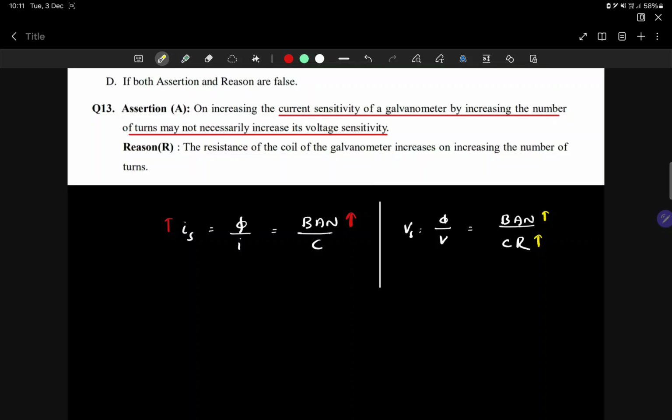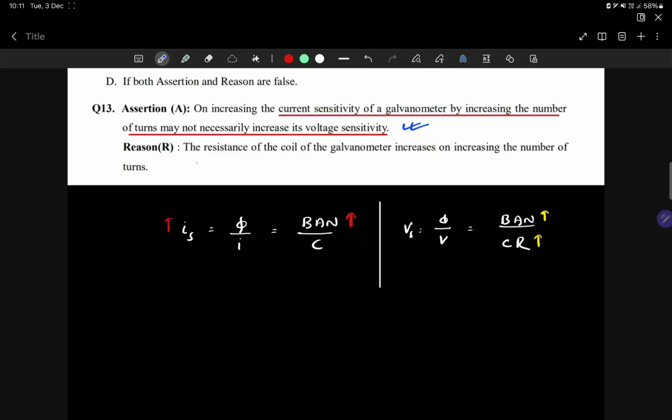So on increasing the number of turns, simultaneously resistance increases. That means the ratio of N by R remains the same. That means the voltage sensitivity value remains the same. So as per the question, whatever is written in the assertion is also 100% correct.